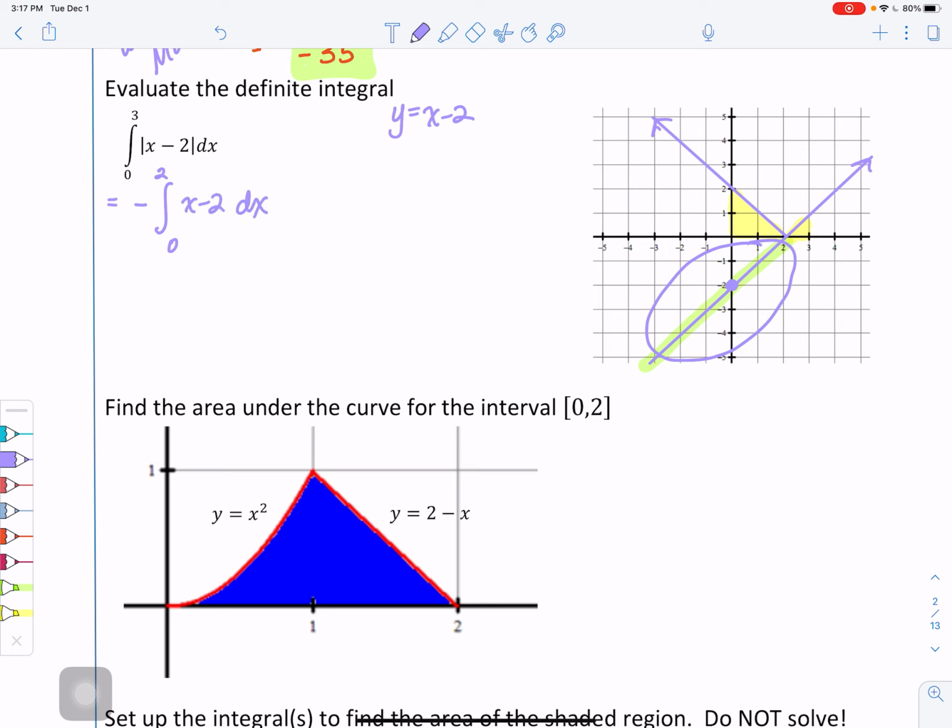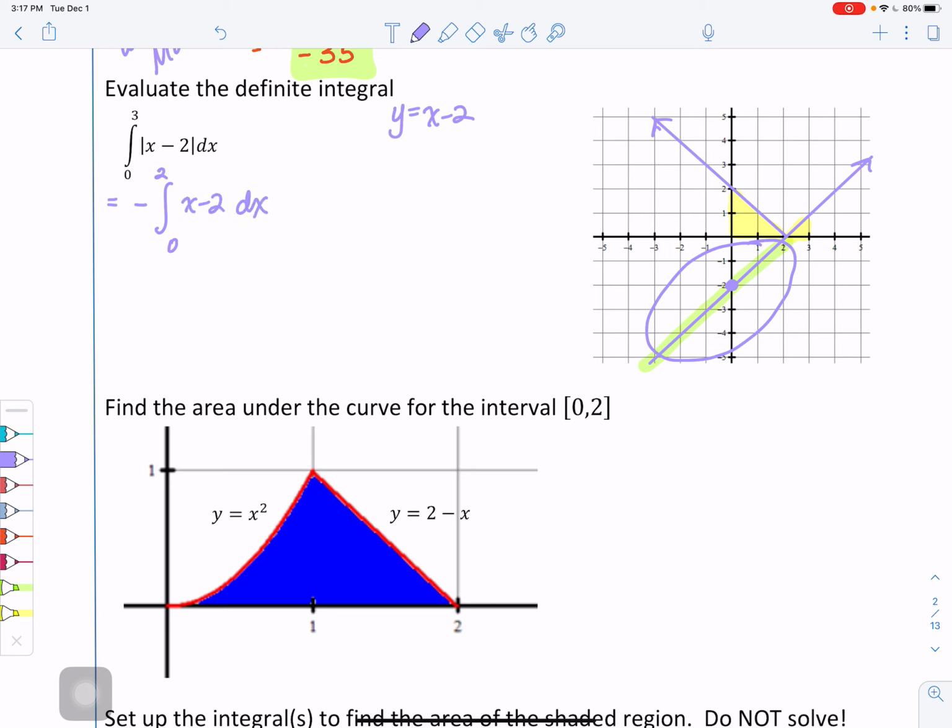And then we'll take the regular integral from 2 to 3 of x minus 2 dx. So just the regular area there, okay? Then let's write our antiderivatives. Of course, you can flip that back and plug the other one in first if you want to. That doesn't hurt.